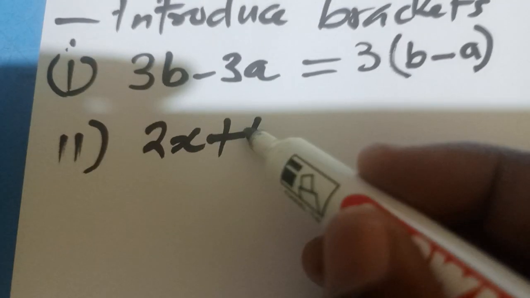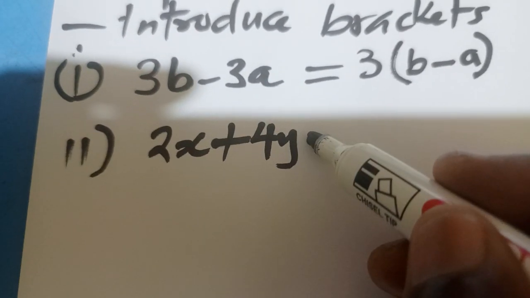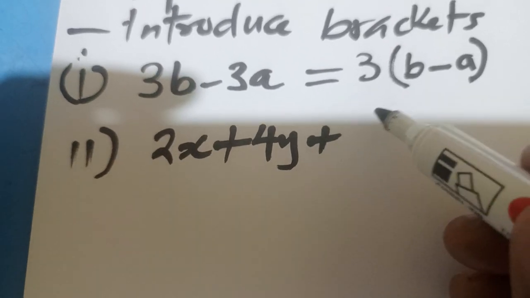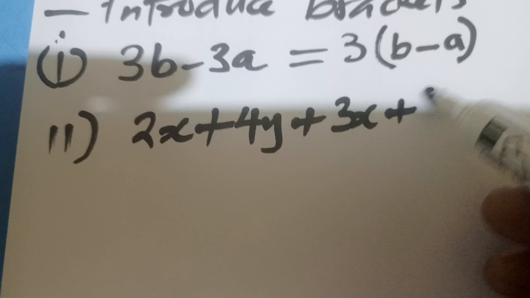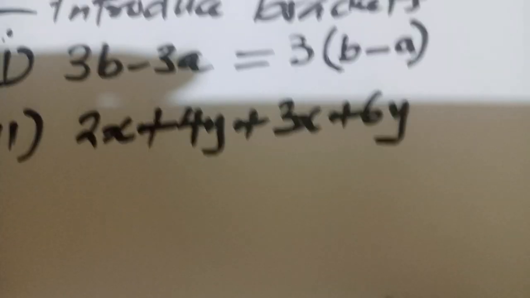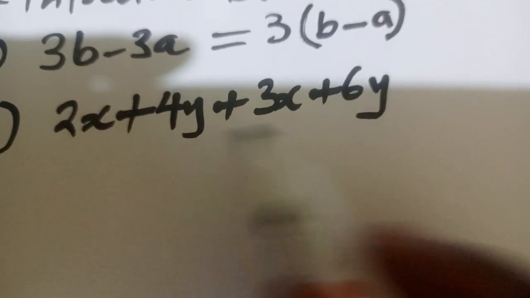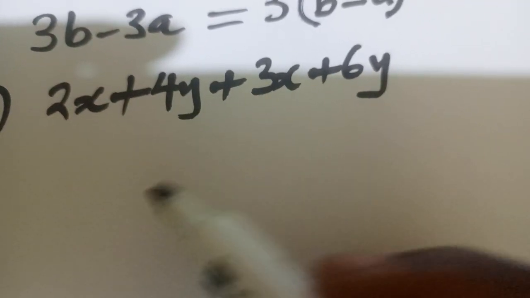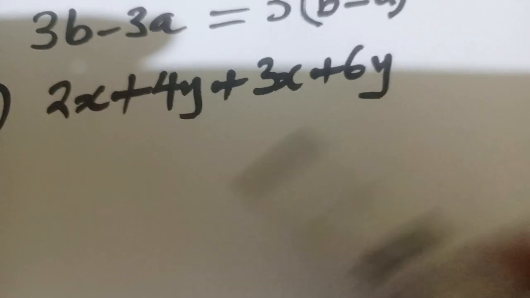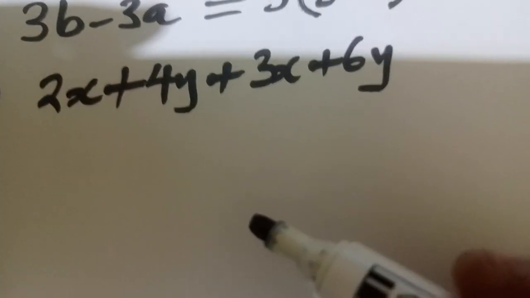Now if you consider another case, we have here like 2x plus 4y plus 3x plus 6y. Now this is another algebraic expression with 4 terms, as you can see. Then you are asked to factorize, in other words, introduce brackets.